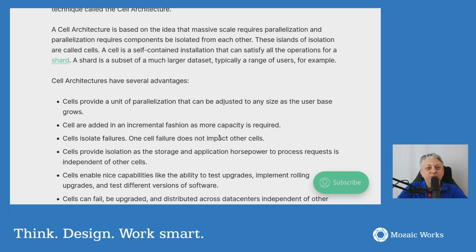Another example could be based on location. And this is what I believe Slack did. It's likely that that's what they did. If your product is meant to go globally, then it makes sense to have separate shards for people from separate locations.